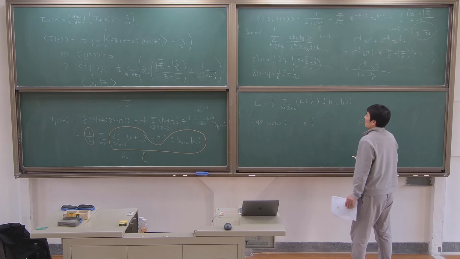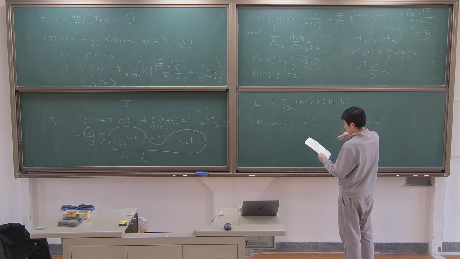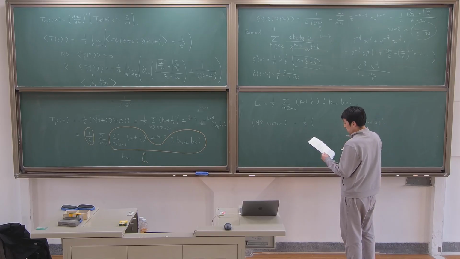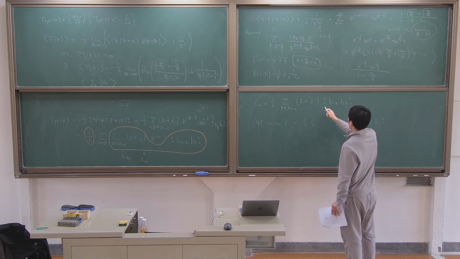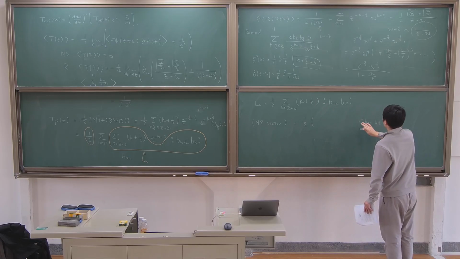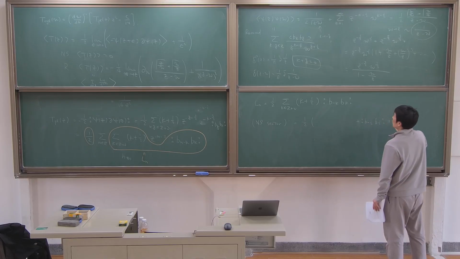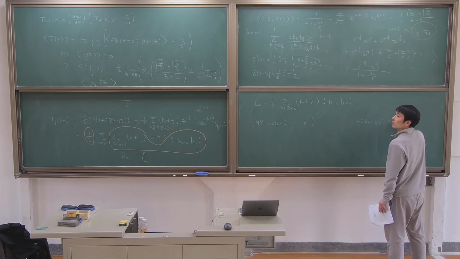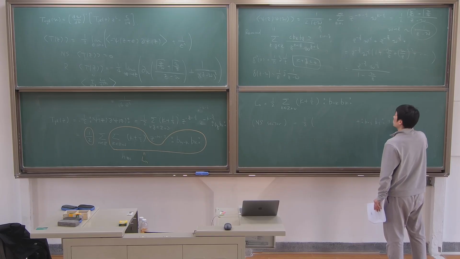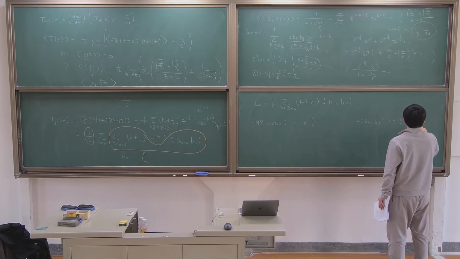K equal to minus 1/2. This is 0, so it doesn't affect. Next is k equal to 3/2. This is 3/2 plus 1/2, which is 2, times b minus 3/2 b 3/2.